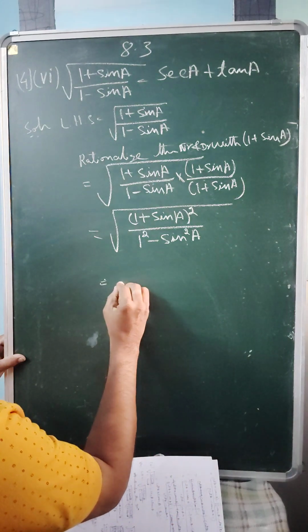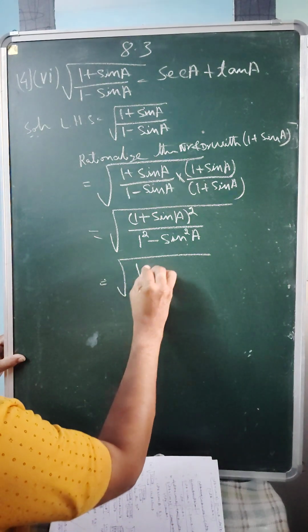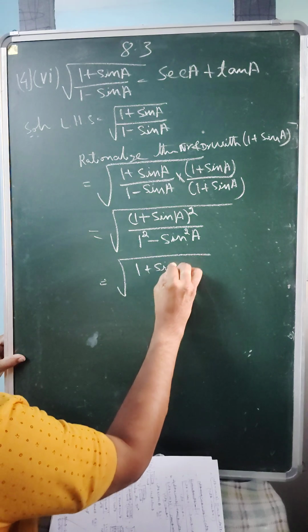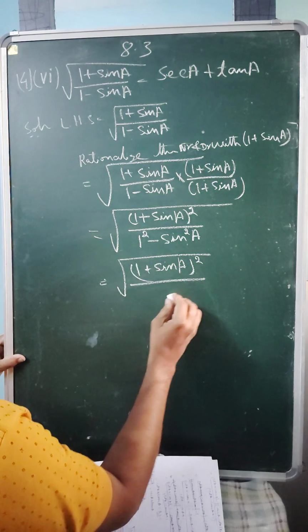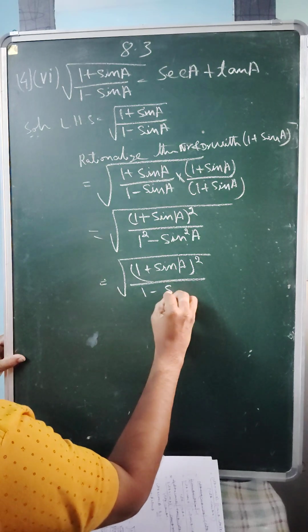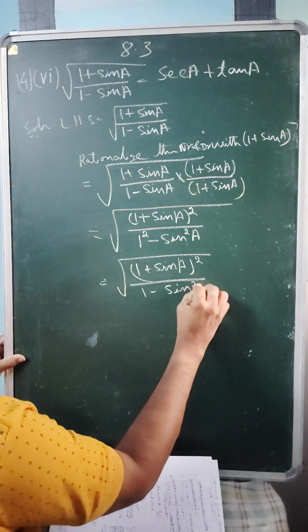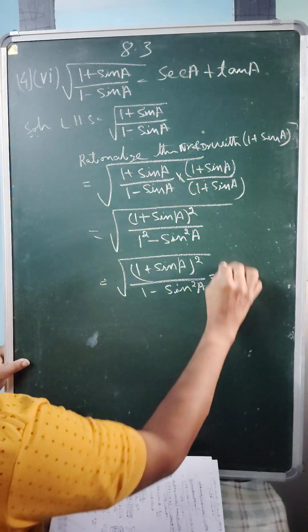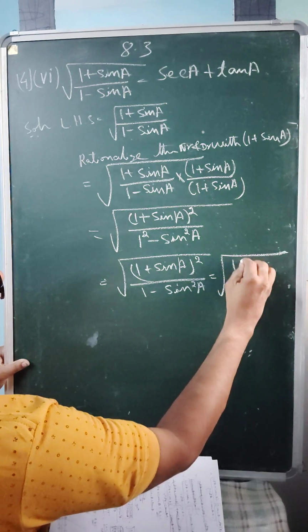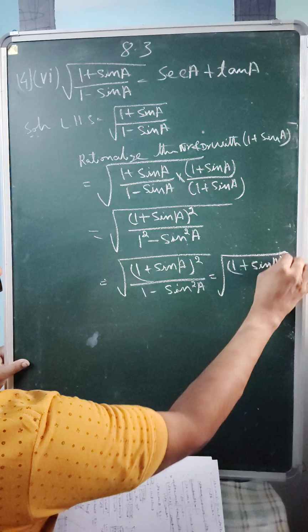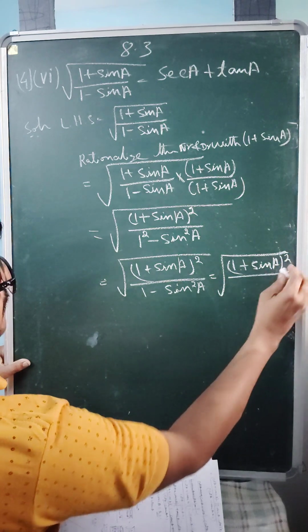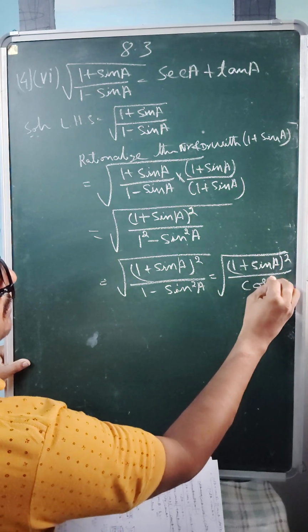Is equal to root of (1 plus sine A) whole square divided by 1 minus sine square A, is equal to root of (1 plus sine A) whole square divided by cos square A.